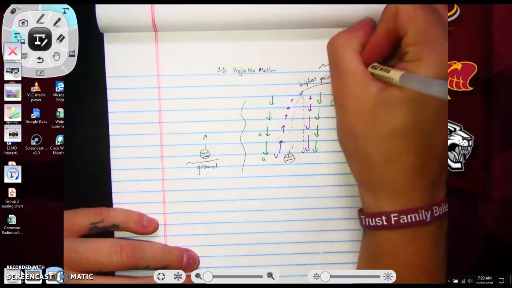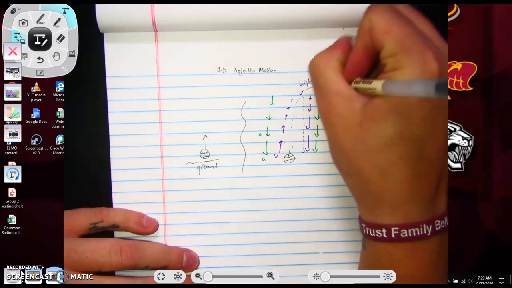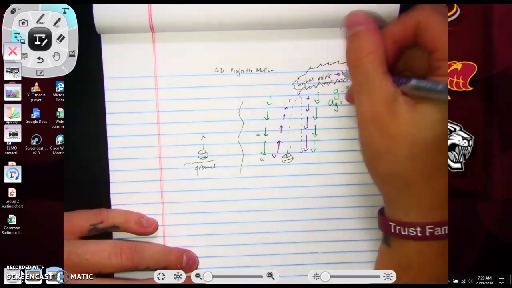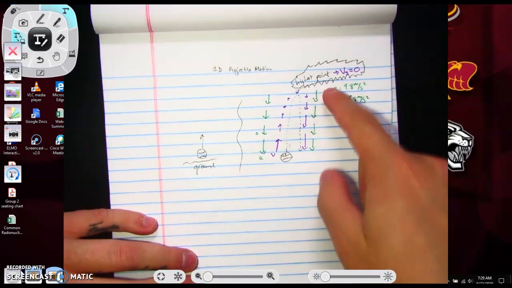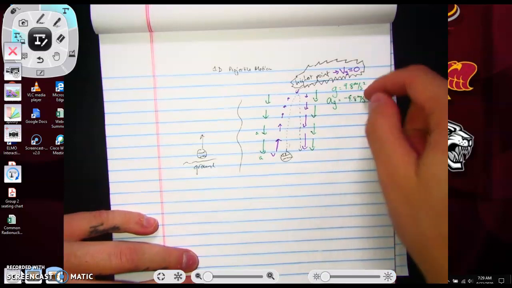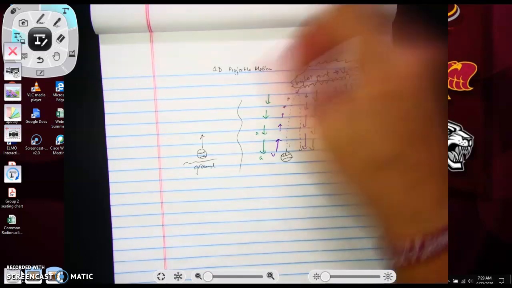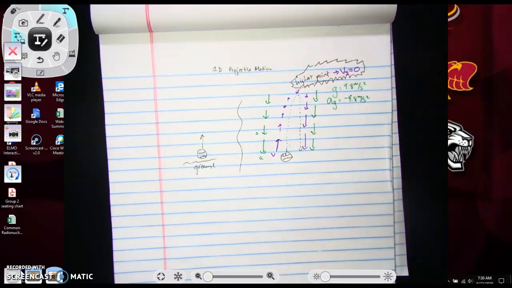At the highest point, you will always have a velocity equaling 0. In fact, it's your velocity in the y-axis, so my v sub y is equal to 0. This is always, always, always 1,000% true whenever a ball is thrown upward. The velocity at the highest point is 0.